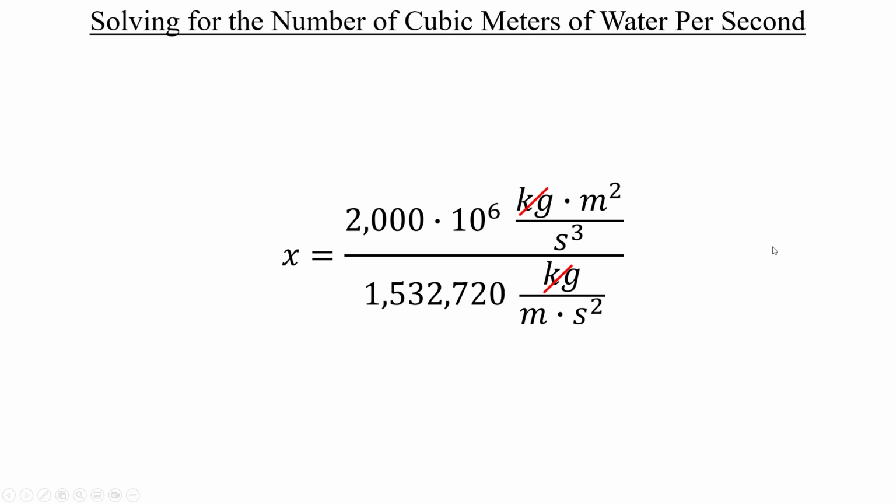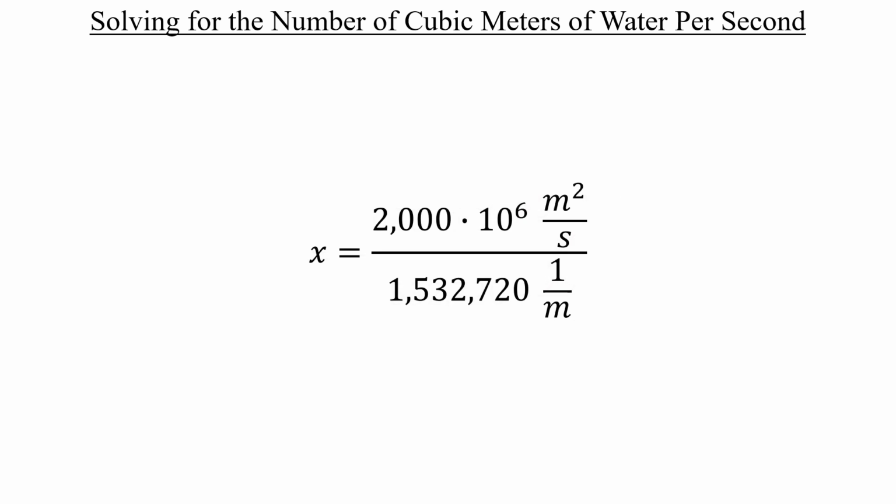We also have seconds in the denominator above and below, which means we can eliminate some of those too. In the end, 2 portions of seconds are removed from the denominator above, and the seconds squared in the lower denominator just go away. Let's clean this up a little bit before moving on. Here's what's left.